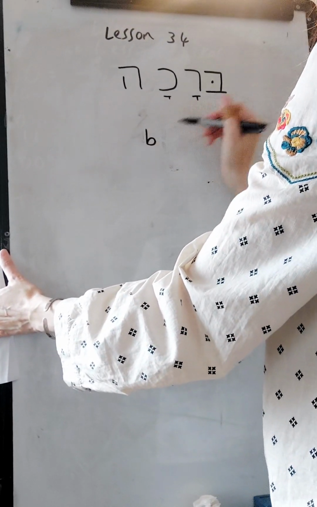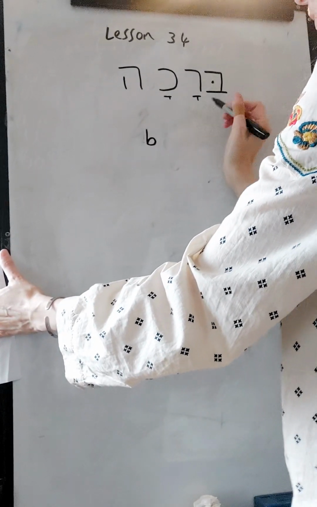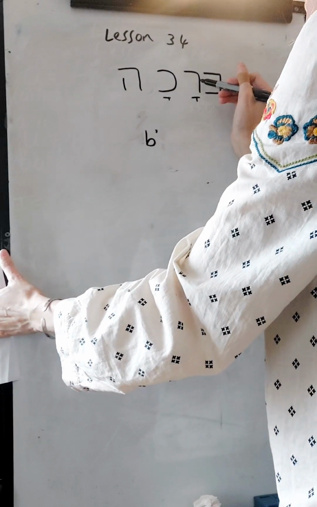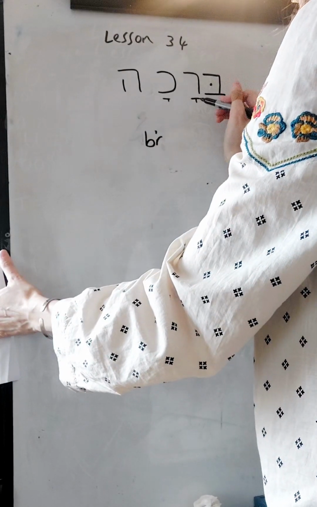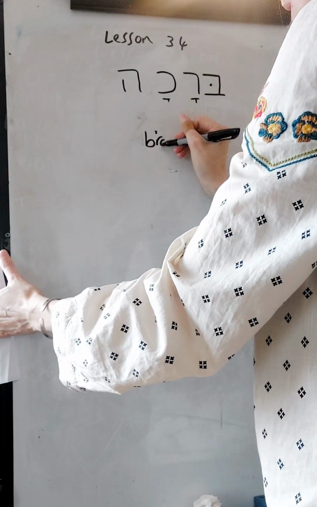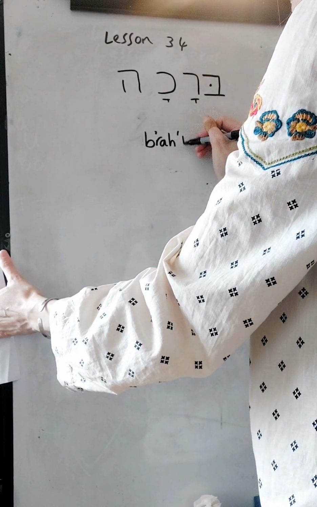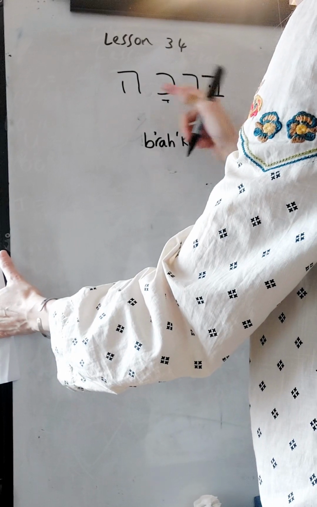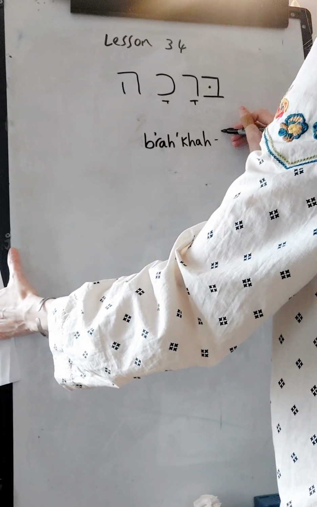So you'd write it down, bach. There's no vowel underneath, so I usually just put a little apostrophe. Move to the next consonant, it's the resh. Look at the vowel sound, it's the A vowel. Bra. Go to the next one, this is our new consonant today, the khaf. The vowel underneath, the little T, is the A vowel. And the hey is silent at the end. Brakha, and that means blessing.